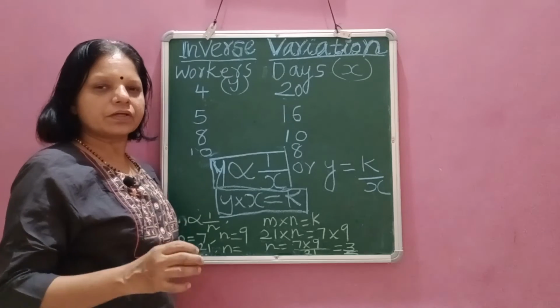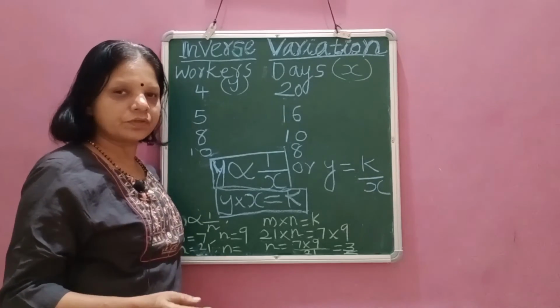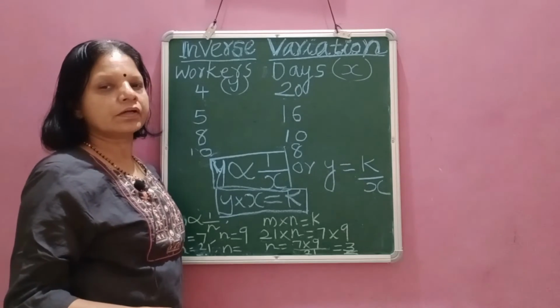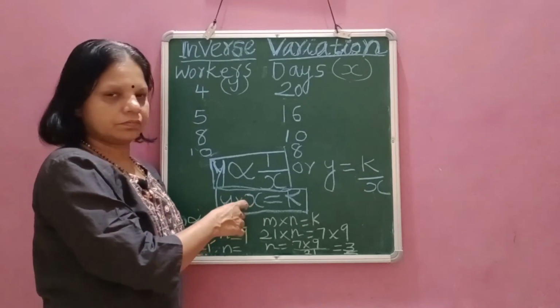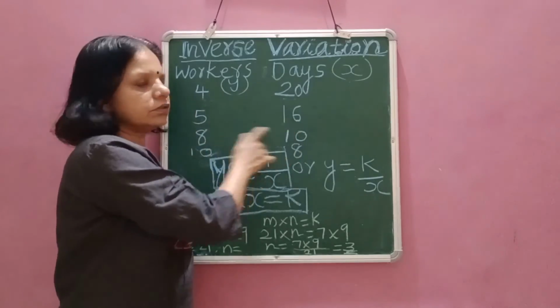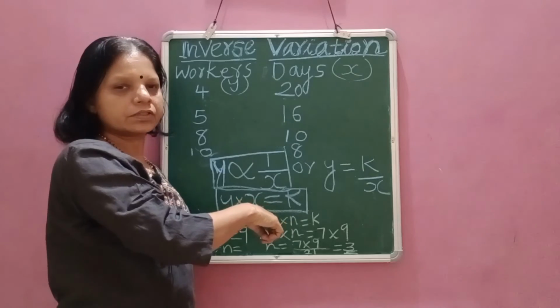Also, if different cases of quantities are given, you can check whether they are in inverse variation or not by checking the product. Here the product is constant. Therefore, we can say that they are in inverse variation.